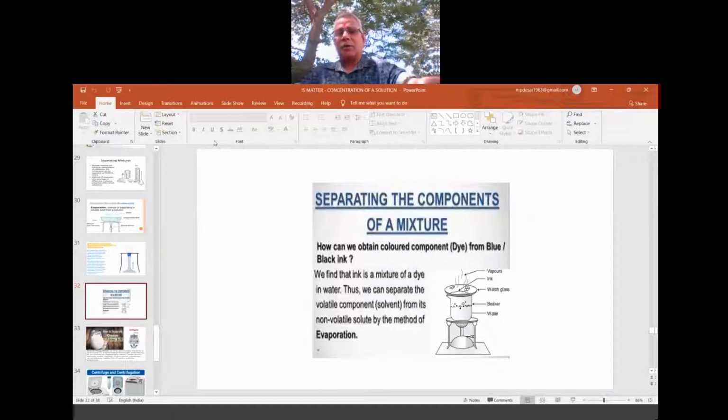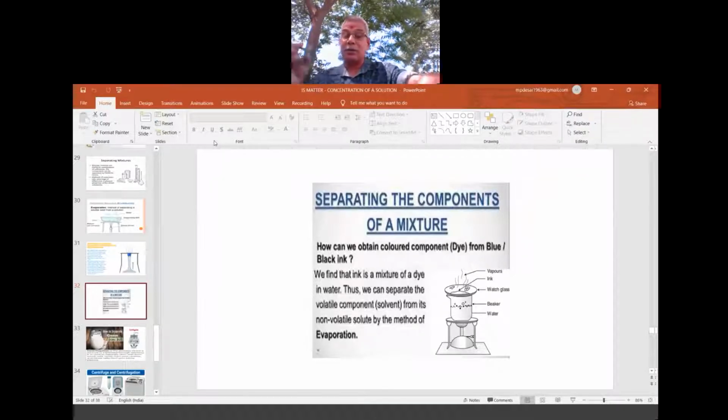So here also you have taken a precaution that ink is not heated directly. It is kept on the beaker, in which water is there. So we heat the water. When we heat the water, it evaporates, and that steam, which is at 90 to 100 degrees centigrade, heats the watch glass.